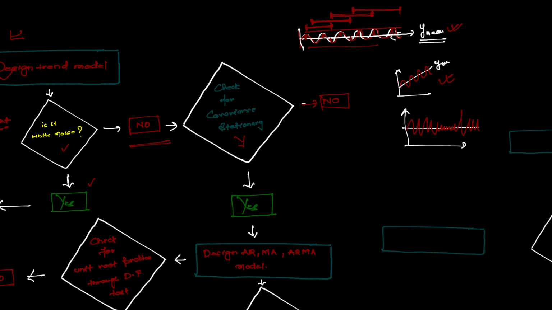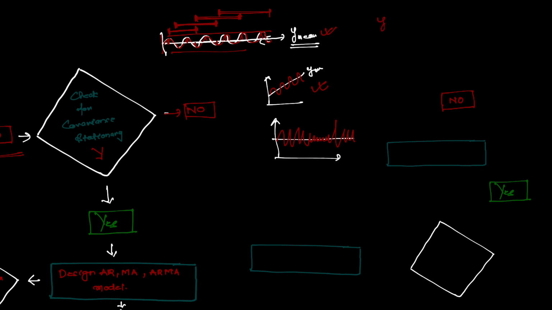As in, the covariance structure is constant. What does it mean? It means that if yt and yt minus 1 has a correlation of 0.6, then yt minus 1 and yt minus 2 will have a correlation of 0.6, and so and so forth. Yt minus 2 and yt minus 3 will have a correlation of 0.6, right?